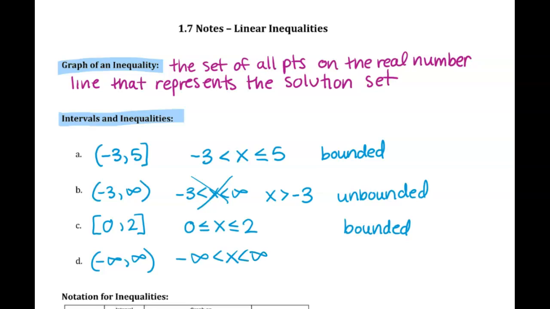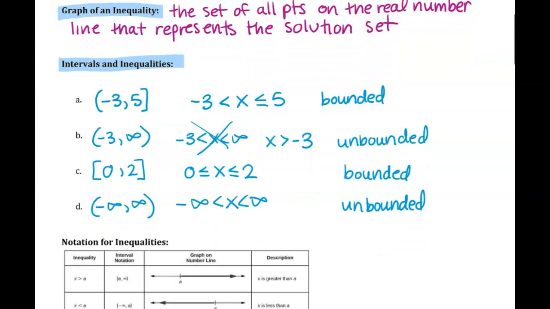You can't include infinities. This is obviously unbounded because it goes on forever. It's not anything closed at all. We can also just write R with the double bar, like all real numbers. It's not in any sort of notation, but this is also an accurate way to describe that.